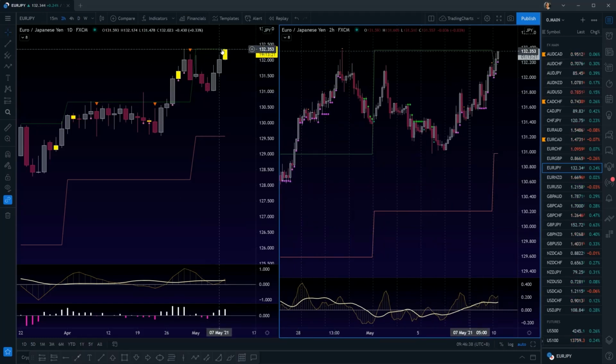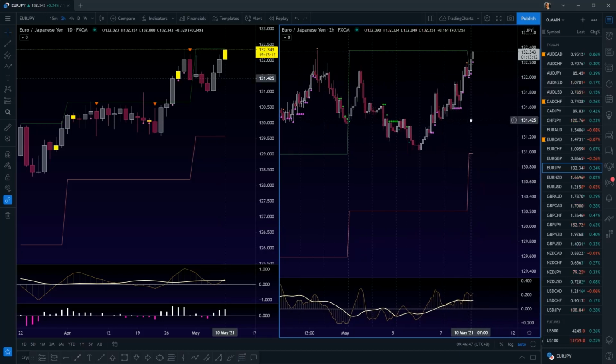So Euro Yen, nice at these monthly levels, weekly level. Let's see if there's any reversal, but there's nothing you can do right now. We might come back to it later, so I'll just put a note that we might want to come back and take a look at this.